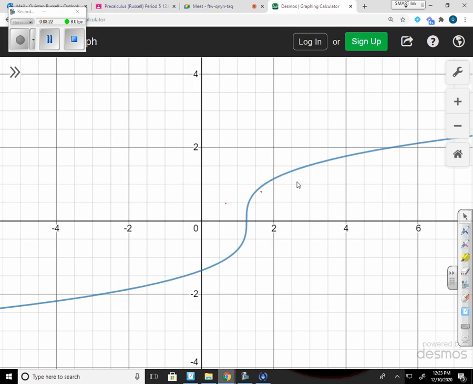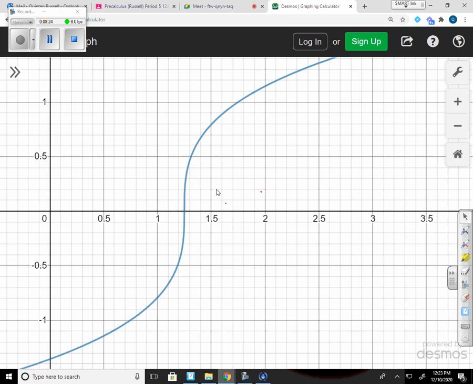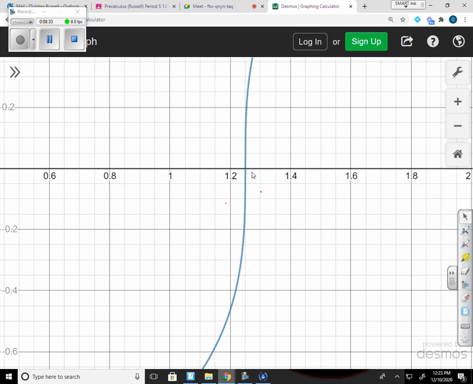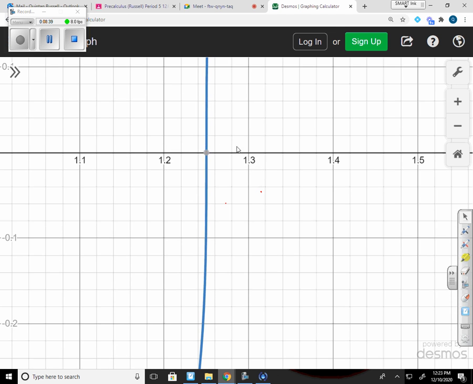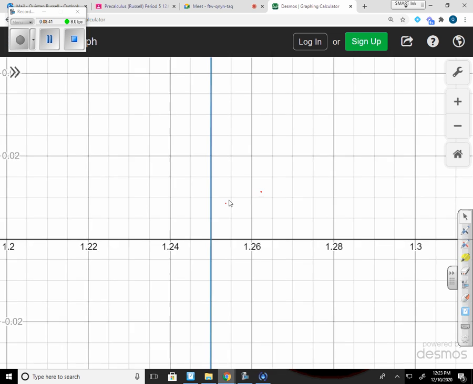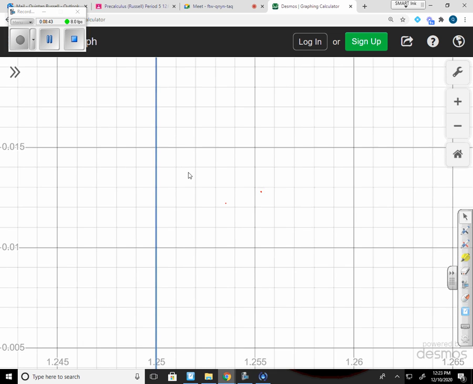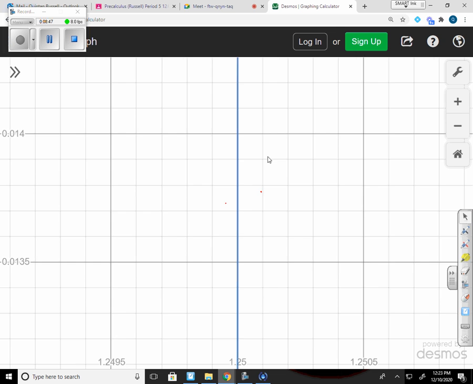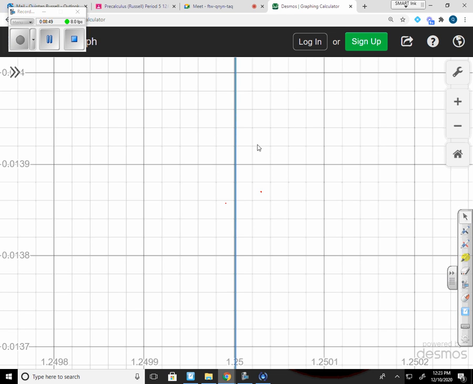So when I look at this, for every x, is there more than one y? If I go over to 1.25 and draw a vertical line, is it crossing at more than one point here? The answer is no. Even though it looks like it might be a vertical line, even as I continue to zoom in on it, it looks like it might be vertical.